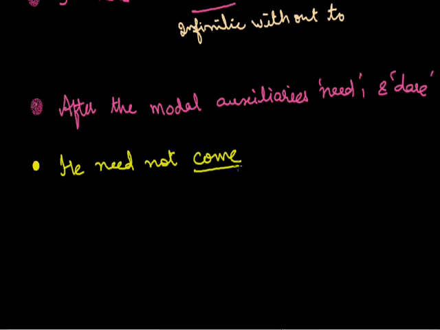So come over here is an infinitive without 'to'. Number 2, he dare not do it. Here do is an infinitive without 'to'.